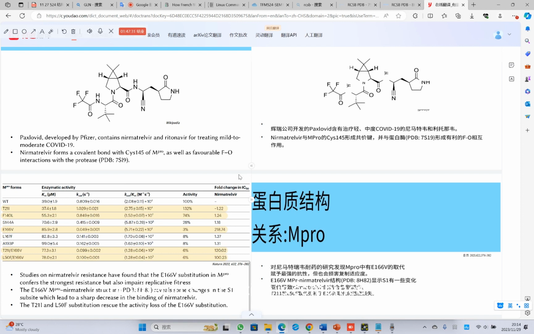But when this mutation is combined with this mutation, double mutation, this double mutation is these two. You can see when double mutation, at least the activity is increased double from 3% to 6%. Okay, and still you need 100 times more of the drug.